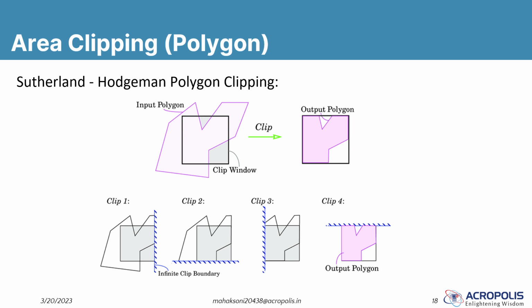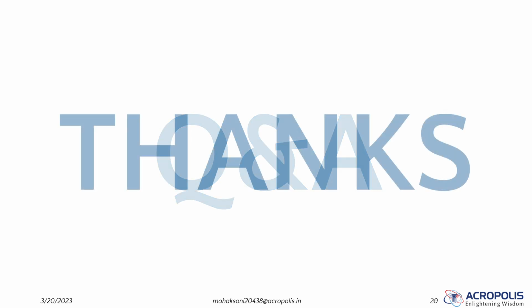Then we selected the bottom line of the window and removed the points which lie outside it. After this, we select the next, left window side, then the top window side. By doing this with all four edges, we get the output polygon. So this is basically Sutherland's algorithm. Thank you.